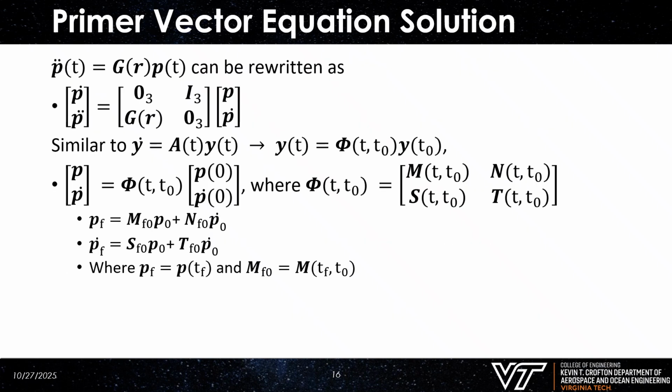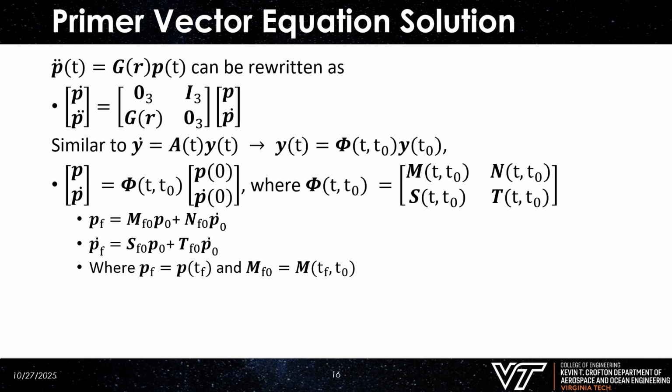To actually solve our primer vector differential equation, we can rewrite it as the following, where you have the time derivative of your primer vector and the second time derivative of your primer vector.